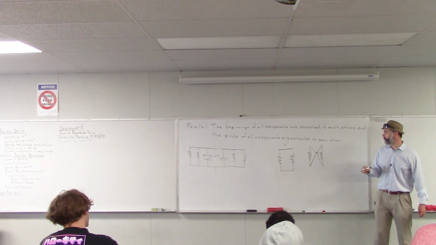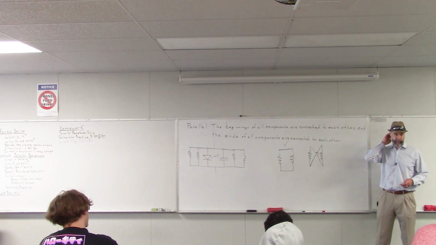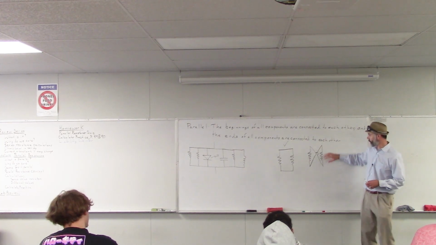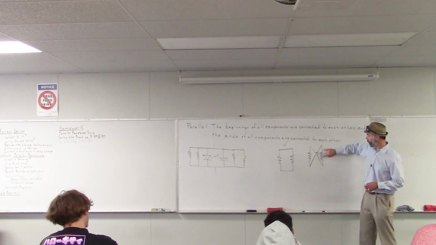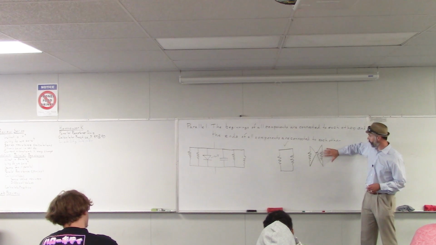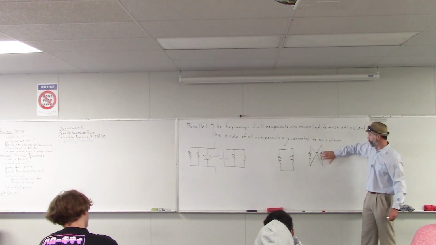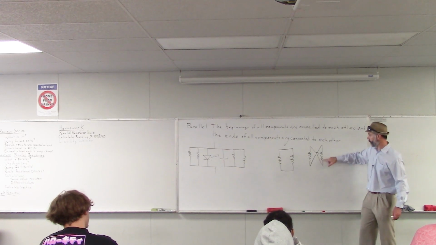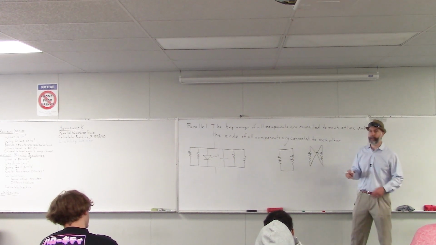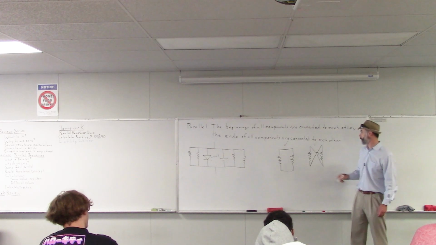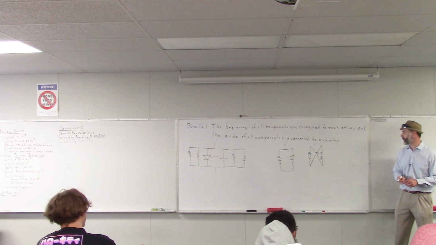So is that in parallel? Yes, because you can imagine if these were wires in the real world, you could just flip this resistor around, and then you'd be back to that configuration there. So those two resistors are also in parallel.